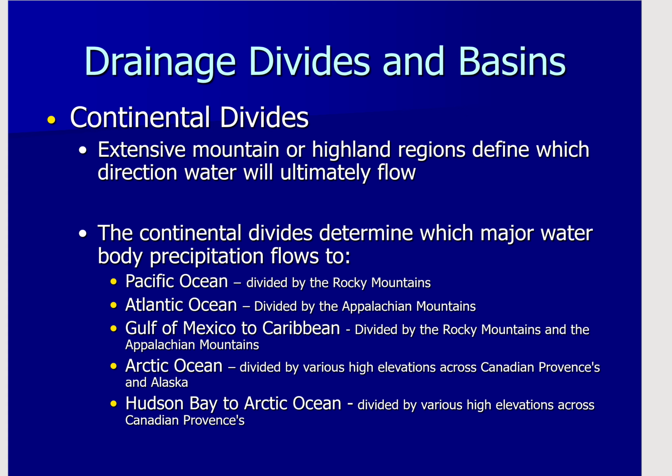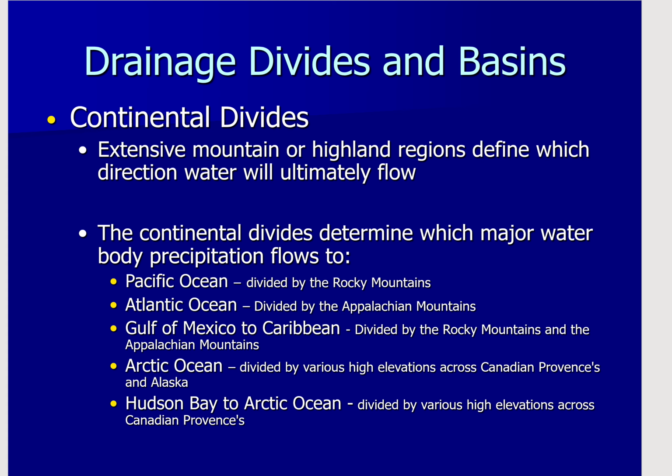From the Rocky Mountains, moving across the continent, we then have a number of different drainage systems. The big one is the Gulf of Mexico into the Caribbean drainage system, and that clears out a lot of the water. It's divided by the Rocky Mountains on the western edge and the Appalachian Mountains on the eastern edge.